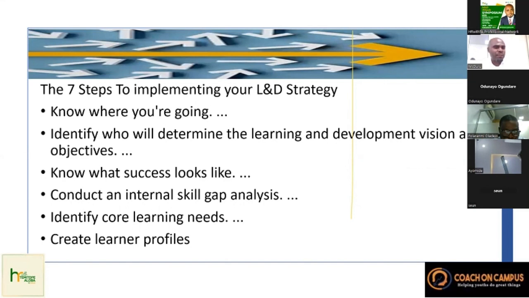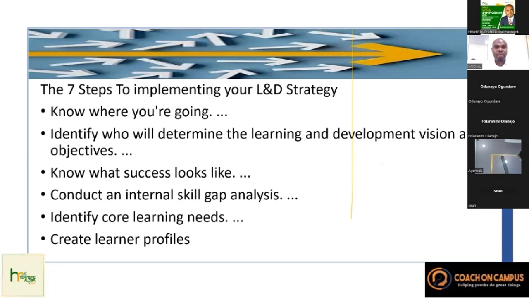To implement this L&D strategy, you have to know where you're going. You must understand in clear terms what you want to achieve, and what the goals are. You must also identify who will determine the learning and development vision and objective.